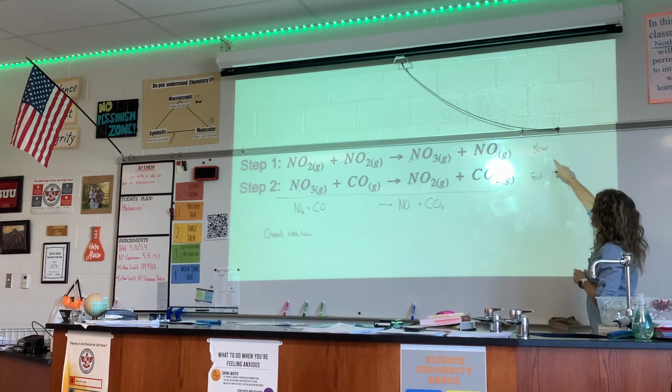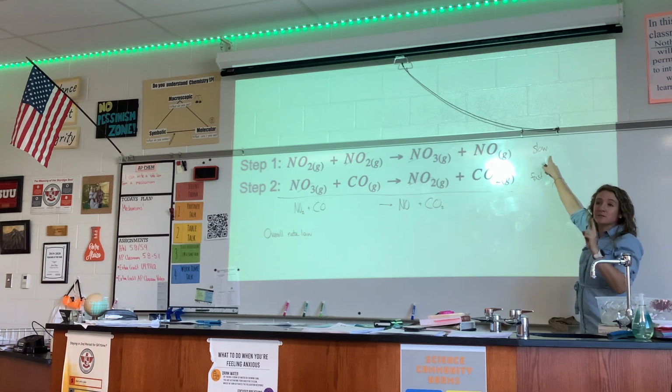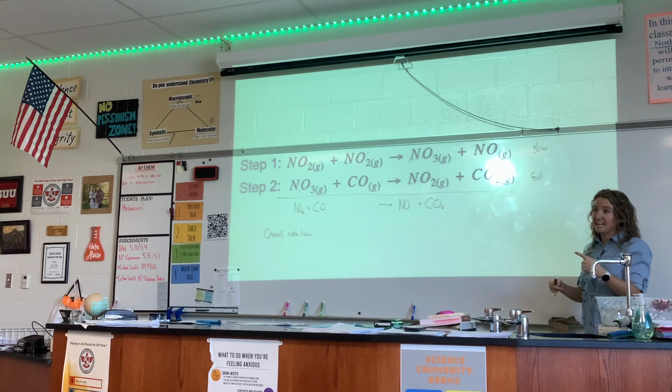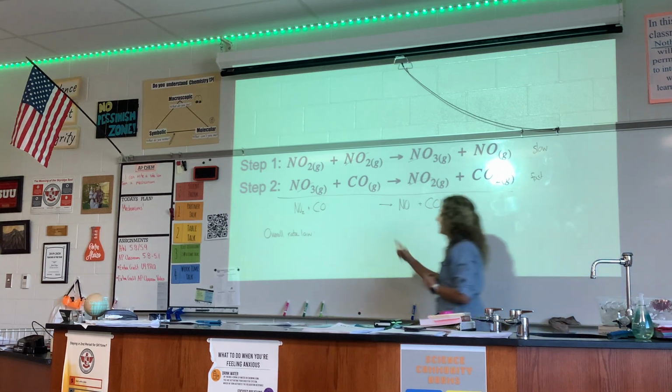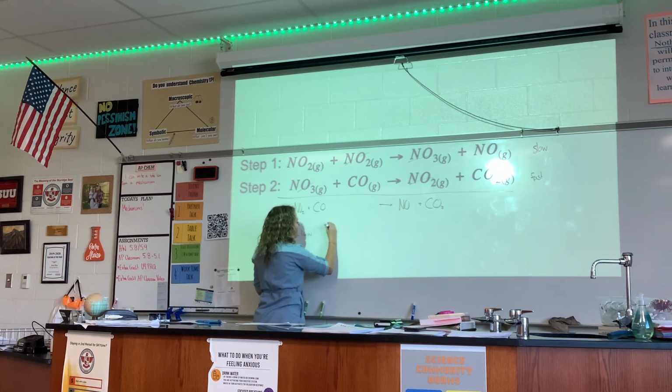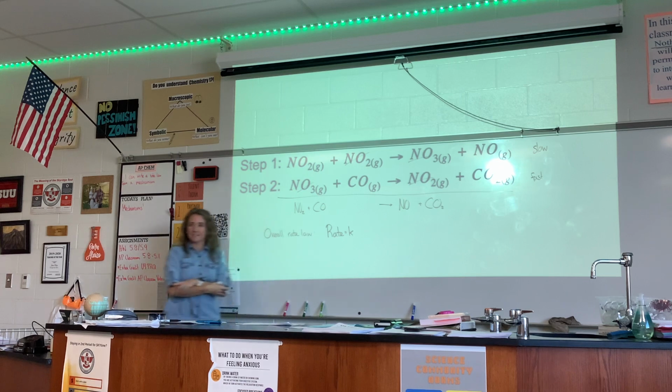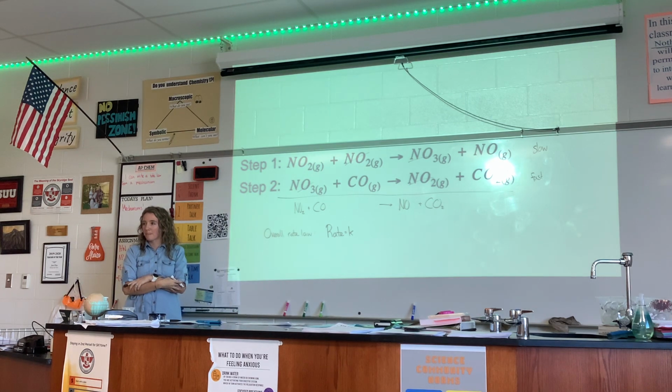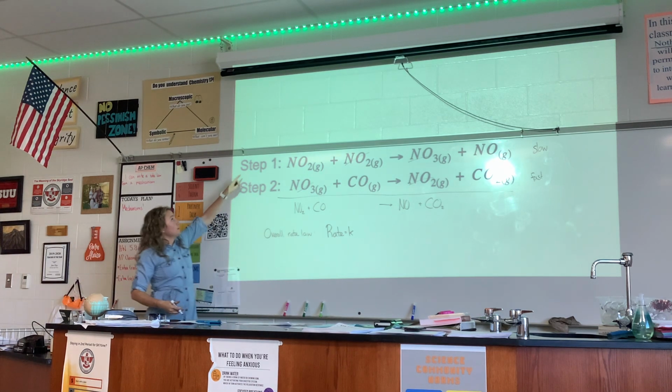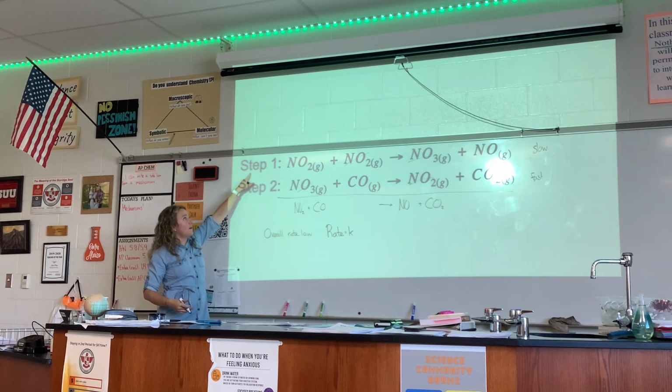Okay? All right. So since the slow step is first, once I get past it, the reaction can go. So our overall rate law is going to be the rate law of the slow step. So I write rate equals k, same format as always. I'm looking at my slow step only.